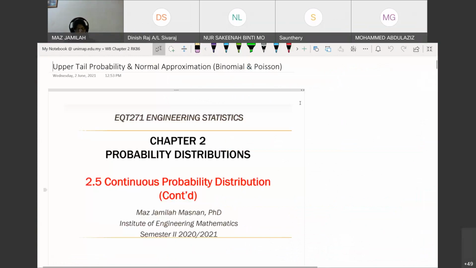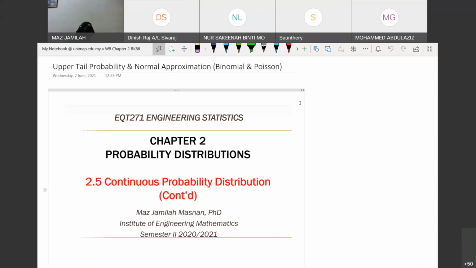Okay, last time we stopped at the concept of how to find the probability value if you are using the first table. That will be on the page of somewhere 59, 60, 61.